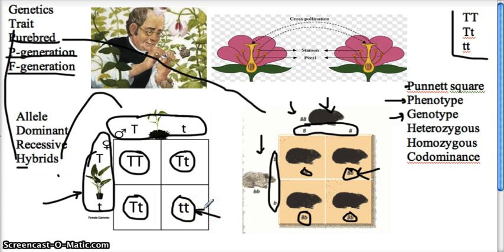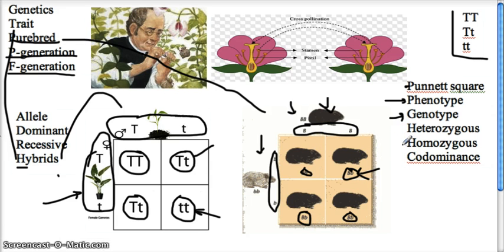And like I said before, the dominant allele masks a recessive allele. Like in here, this would be a plant that was tall, even though it has that short gene, you might say, in there. An organism that has two identical alleles is homozygous.